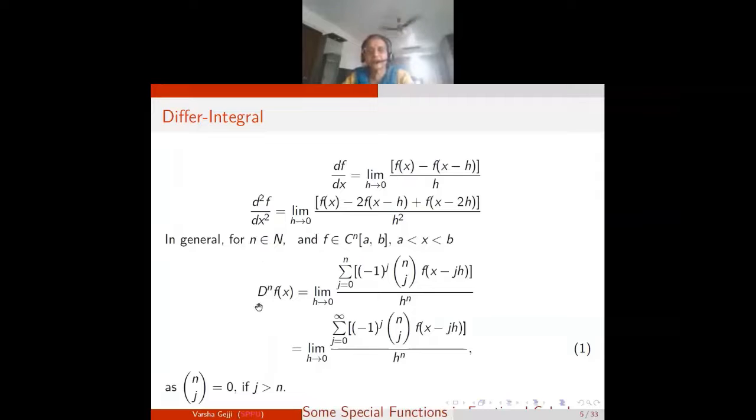In general, for the nth order derivative, you will have this summation. You can see plus and minus signs alternately coming, and these coefficients are binomial coefficients, n choose j. If you consider this divided by h to the power n, it is a simple exercise to show that this is your usual nth order derivative, where n is a natural number.